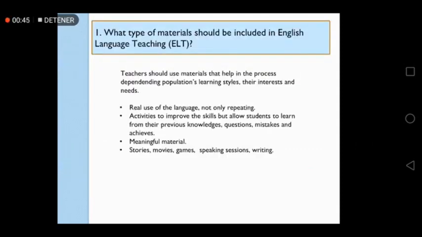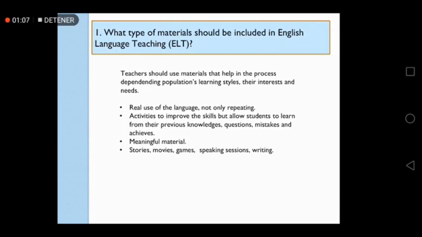The first question is, what type of materials should be included in English language teaching? I think that teachers should use materials that help in the process, depending on the population's learning styles, their interests, and needs.